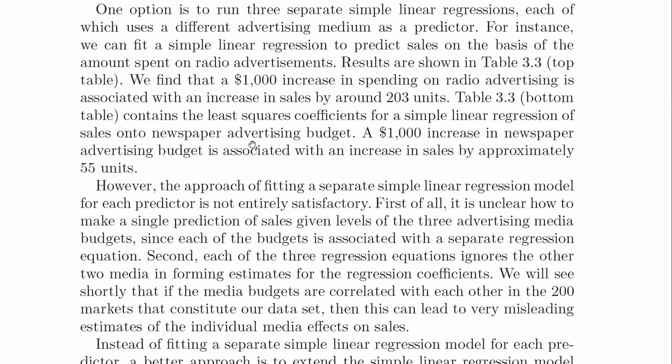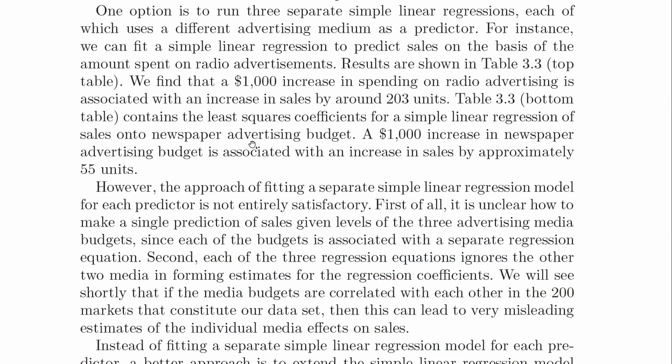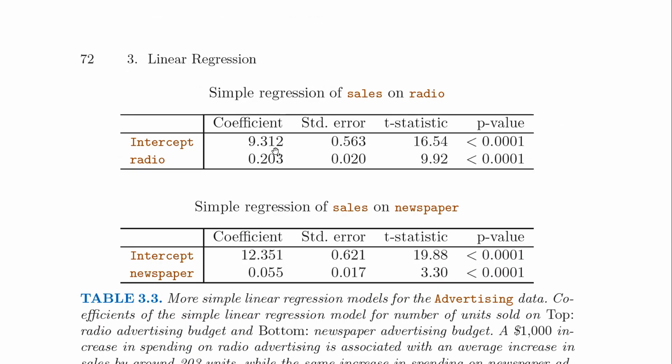One option is to run 3 separate linear regressions, each of which uses a different advertising medium as a predictor. For instance, we can fit a simple linear regression to predict sales on the basis of the amount spent on radio advertisements. Results are shown in table 3.3.